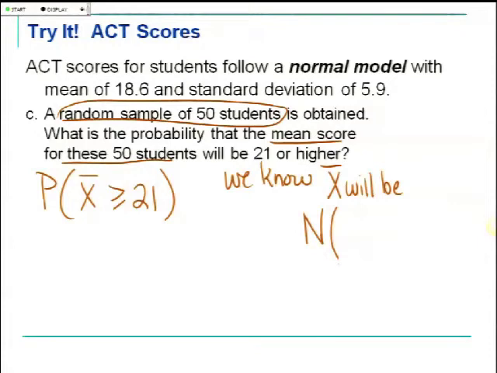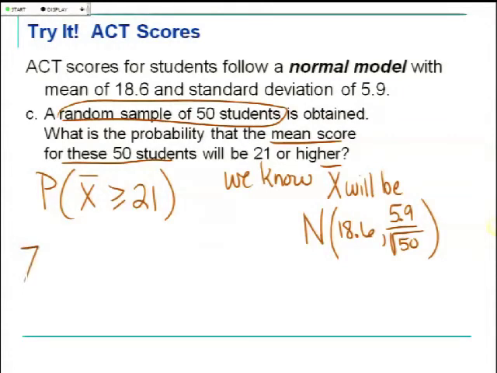around the true mean still, which is 18.6. But what's the new standard deviation that works for an average x bar? Take your original one and divide it by square root of n. That's your new sample mean standard deviation.